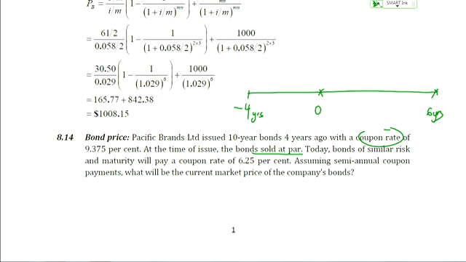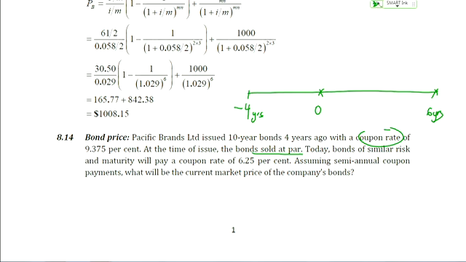Right? Okay, today, bonds of similar risk and maturity will pay a coupon rate of 6.25%. What does it mean? The similar risk and maturity bond is paying 6.25% coupon rate.